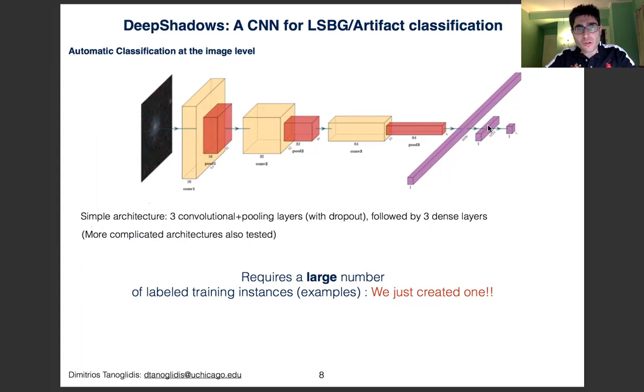We tested more complicated architectures, but we found that this has the optimal performance in terms of accuracy of classification. The thing is that using convolutional neural networks requires a large number of labeled training examples, but the good thing is we just created one, as I showed you earlier.